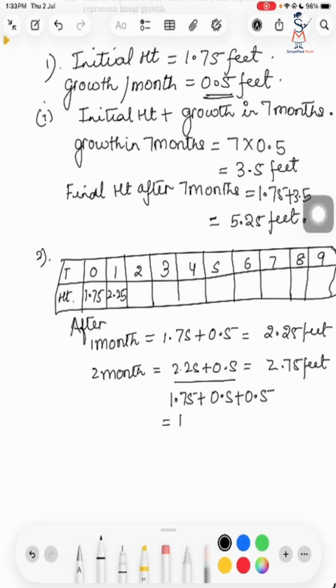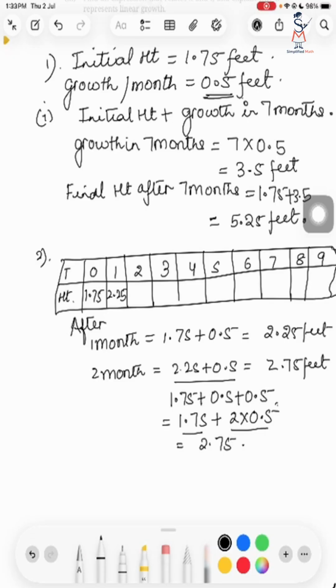That turns out to be 1.75 plus 2 into 0.5. Right? So this 1.75 plus 1.0 is 2.75.